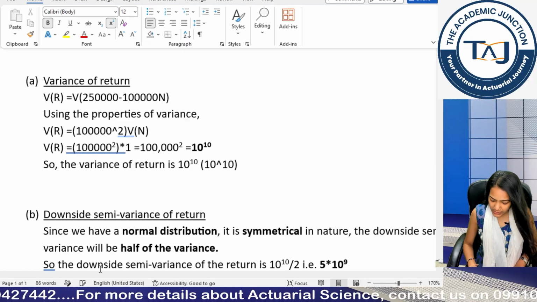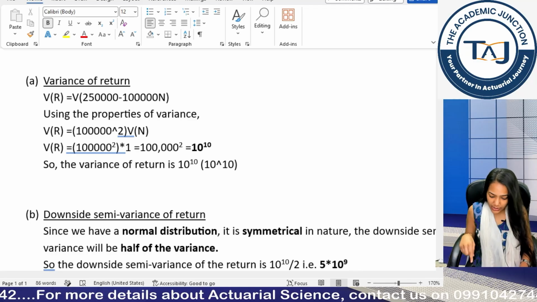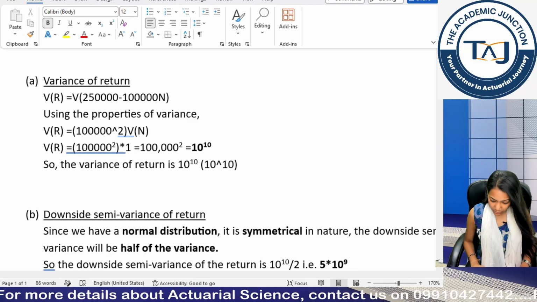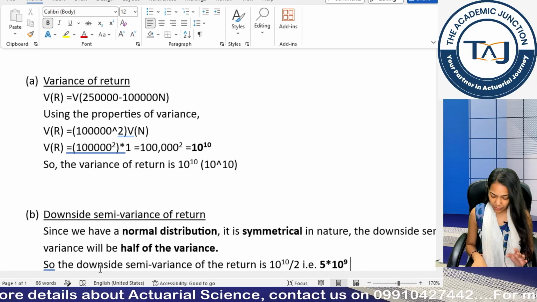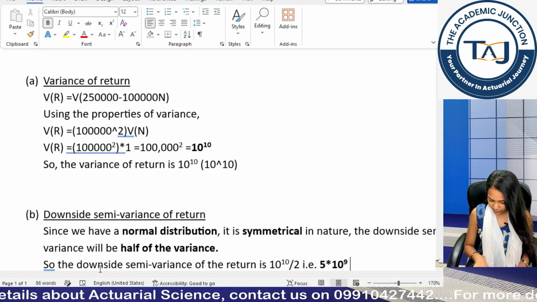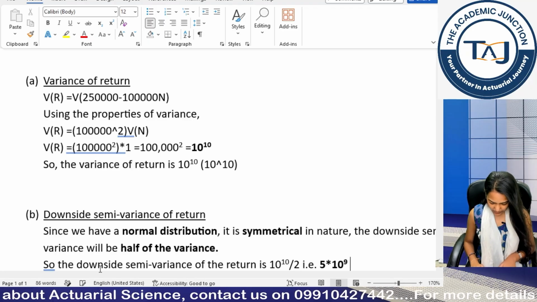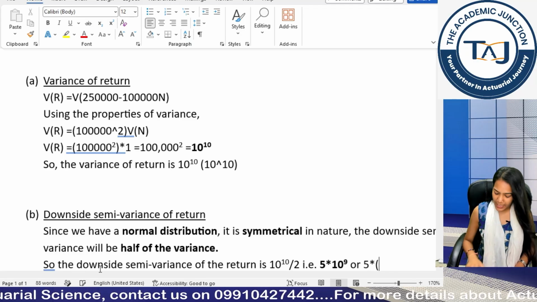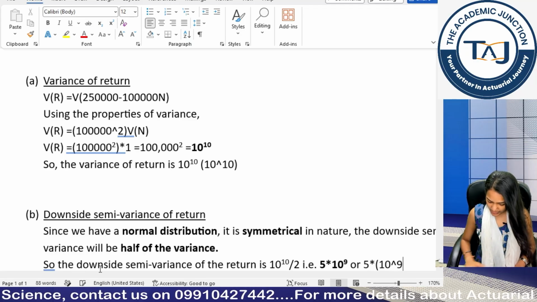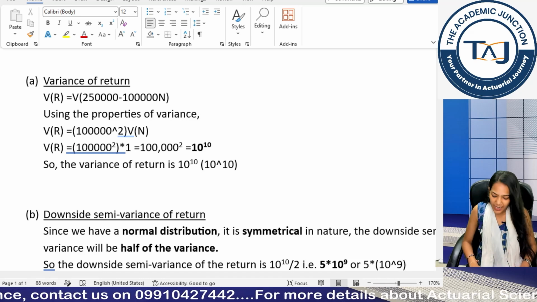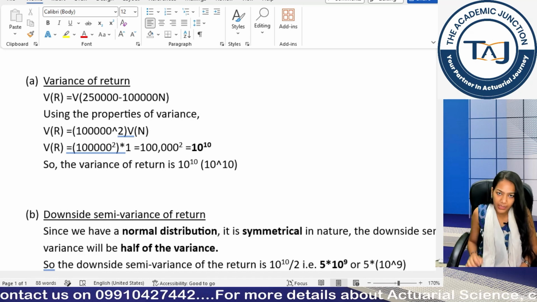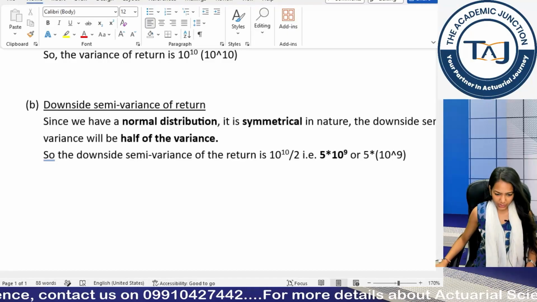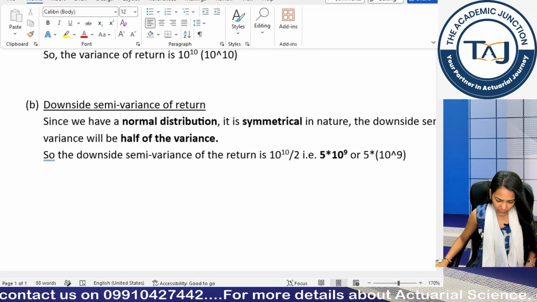Now, if you are using this sign in your exam and you do not want to go to the superscript, you have to use the brackets carefully. So, this will become 5 times, now bracket before 10 and this. If you don't use the bracket, this is considered as 50 to the power 10.